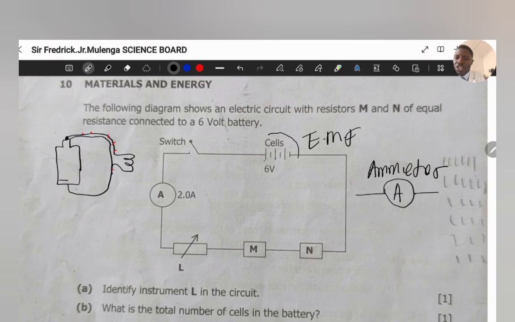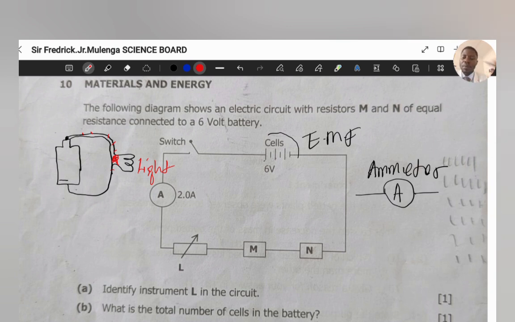Now when this charge reaches here, the EMF which was supplied to this charge will be converted, the energy carried will be converted into what? Into light energy. So this amount of energy converted per unit charge passing through a component, at this particular component, which is a light bulb, is what we are referring to as PD.